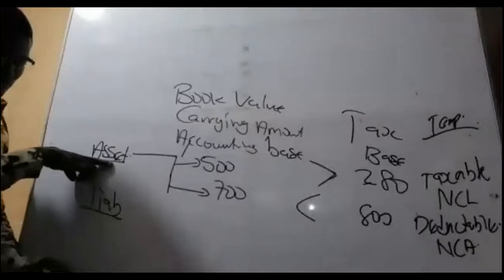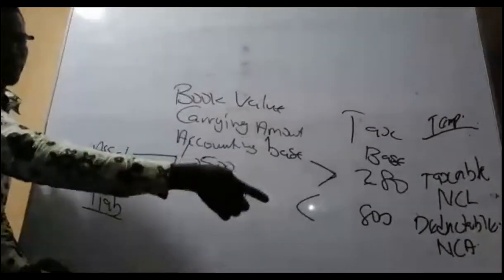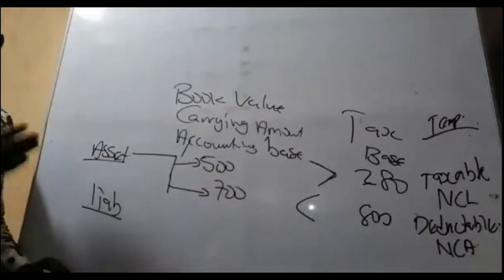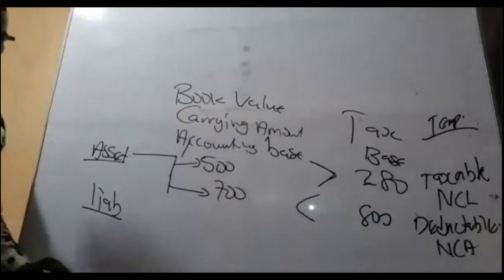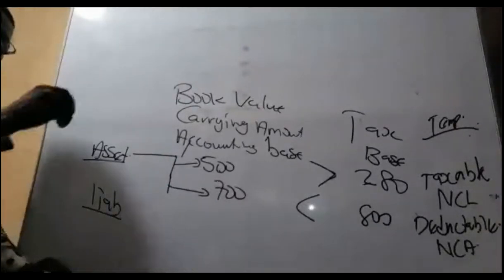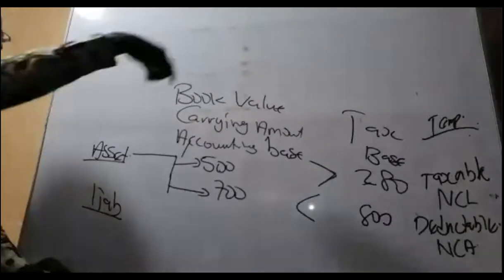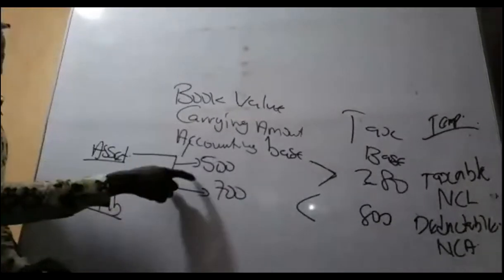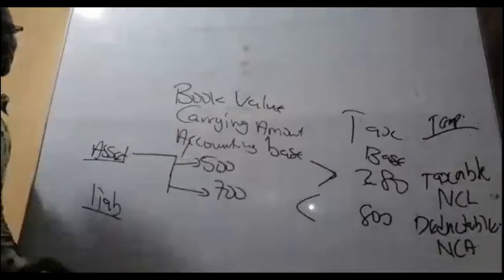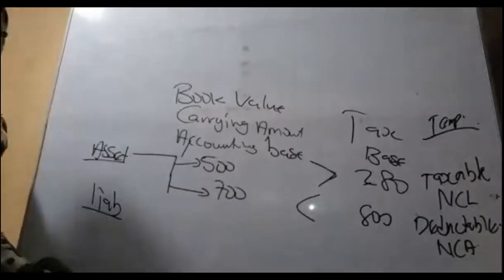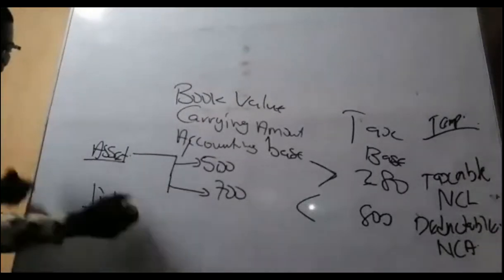If it's an asset and the carrying amount is more than the tax base, it's taxable, which is a non-current liability. Good. Now, if the carrying amount is lesser than the tax base, then it becomes deductible. What if it's a liability?